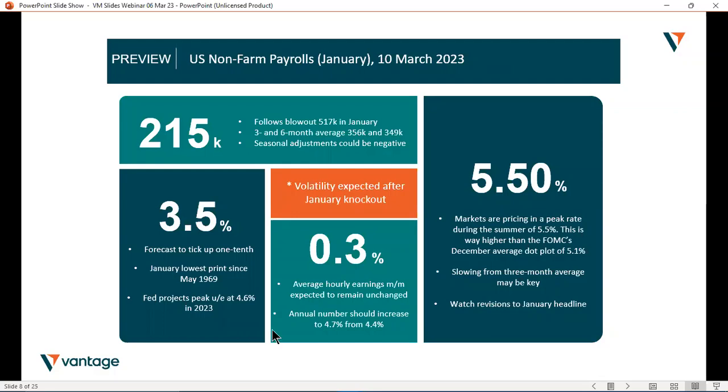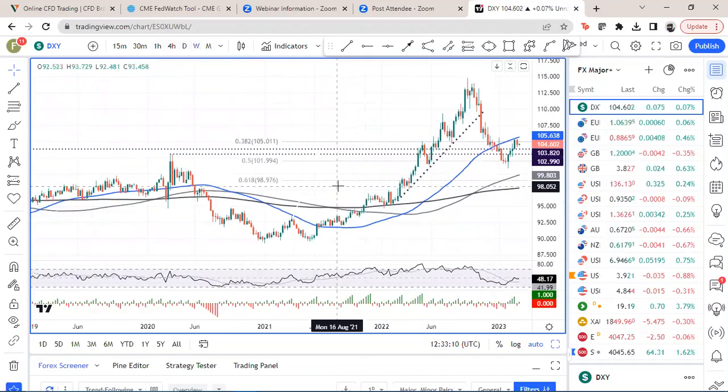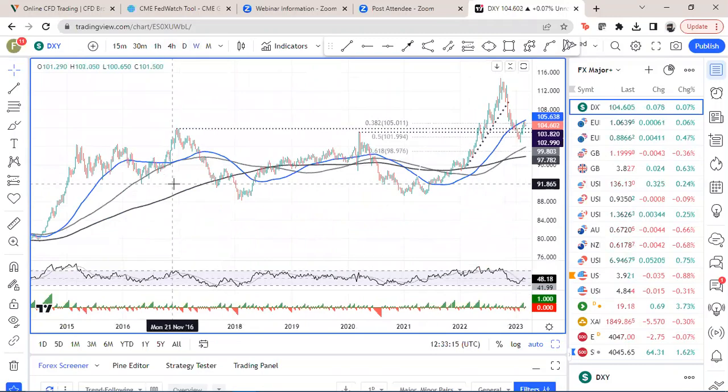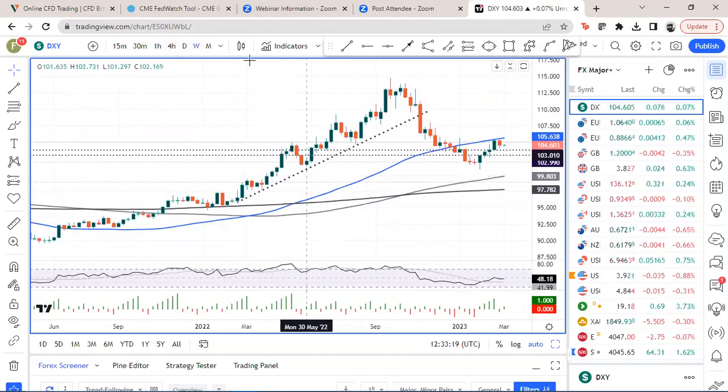Just touch on DXY, you can see it's tracking sideways. Support below 103.82 we still have in there. That's a long-term spike high from back here in late 2016, 2017. We've still got it on there.